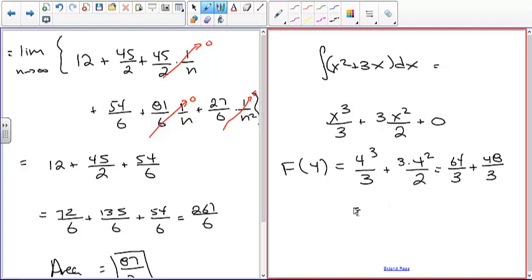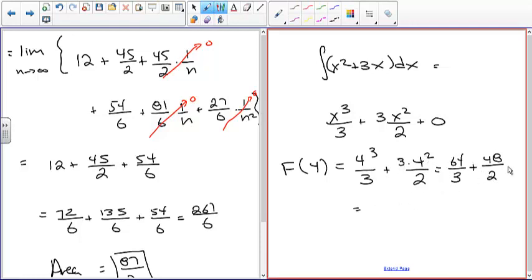And if you add those together, 64 plus 48, you get 112. Oh, sorry, you've got a 2 here, so it's 48 over 2. Okay, so let's try that again. 16 times 3 is 48.